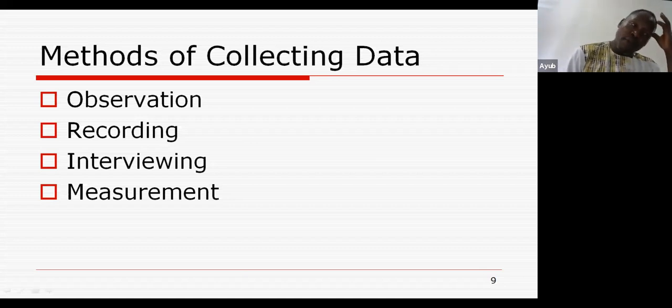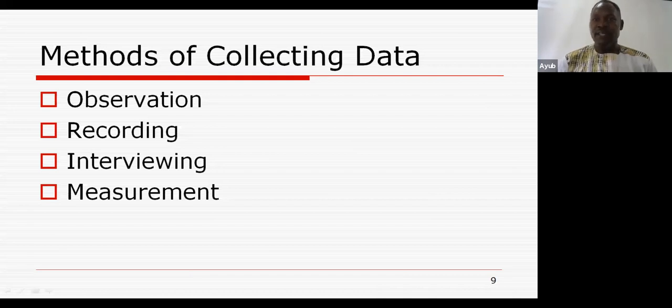You said, for example, you set the topic, set objectives, etc. Then when you go to the field, you collect information, and you use a number of methods to collect that information. We have seen 5 of them today: observation, recording, interviewing, measurement, and analysis of existing information.